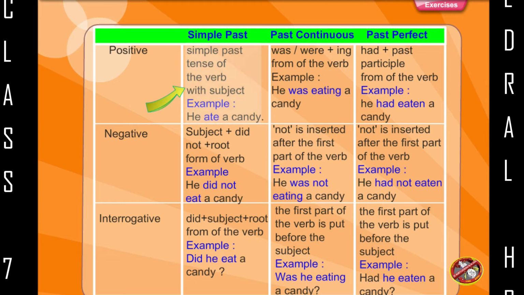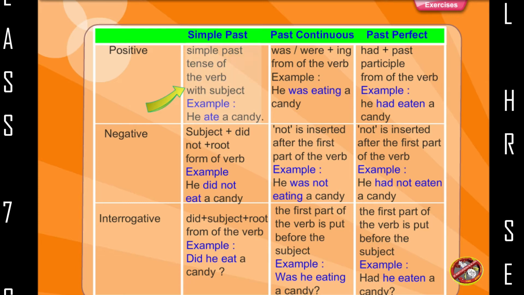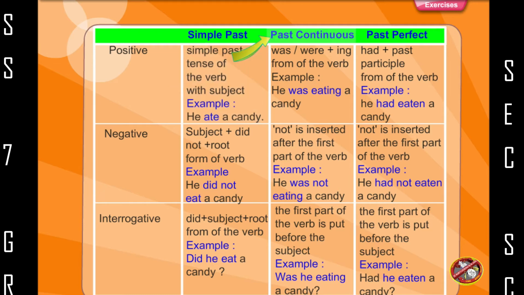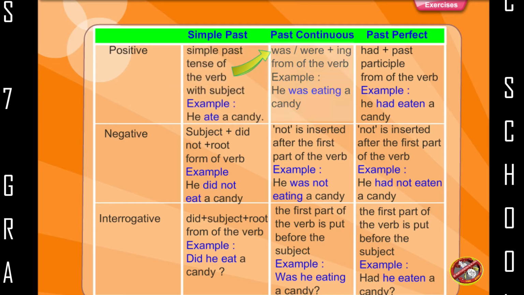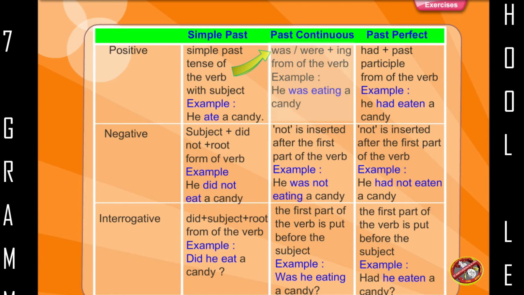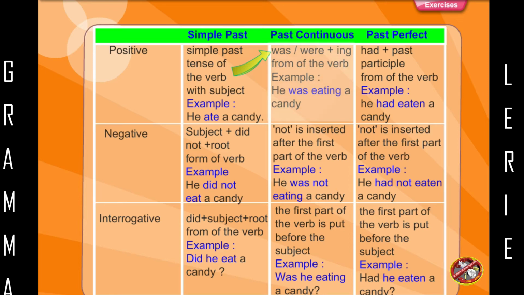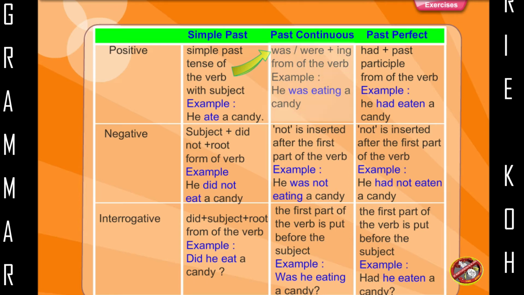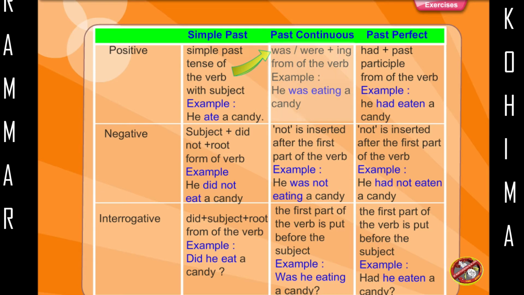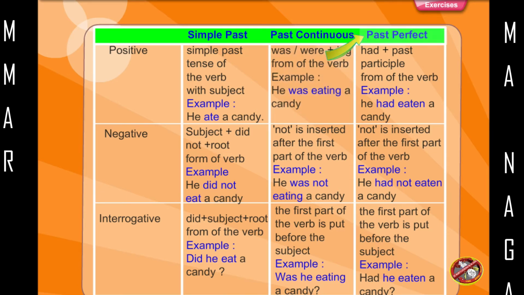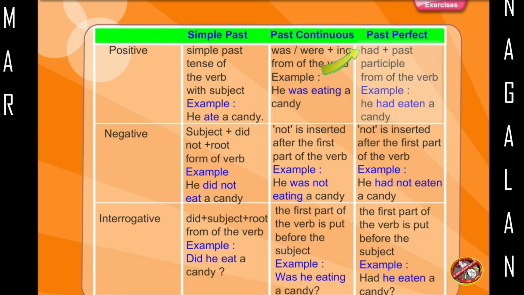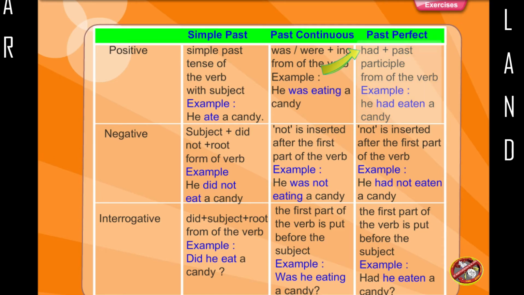Example: He ate a candy. Past continuous: was, were, plus the ing form of the verb. Example: He was eating a candy. Past perfect: had plus the past participle form of the verb. Example: He had eaten a candy.